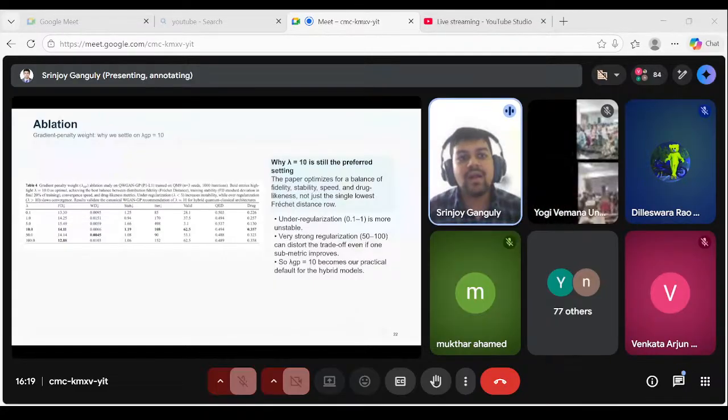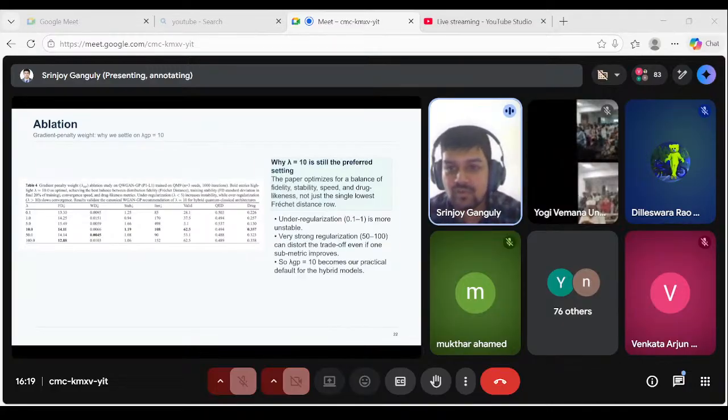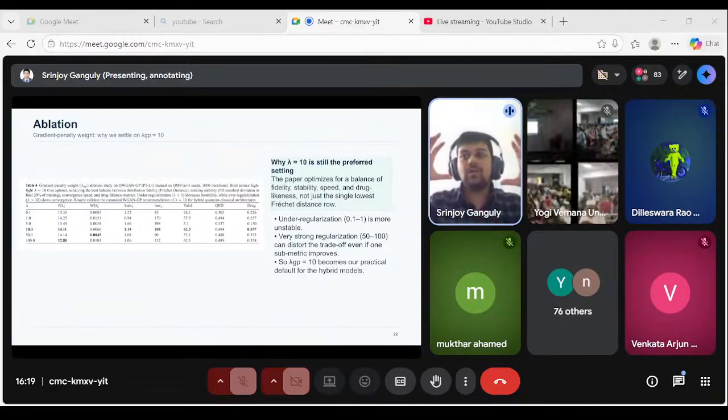And so why do we settle at 10? This was a question I was trying to answer before. So basically in our paper, we optimize for a balance of stability, speed, and drug likeness, so QED, and the lowest threshold distance. So when we approximate these distributions as Gaussians, how close are they? That's threshold distance.